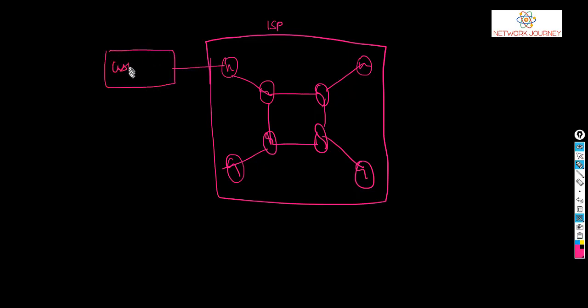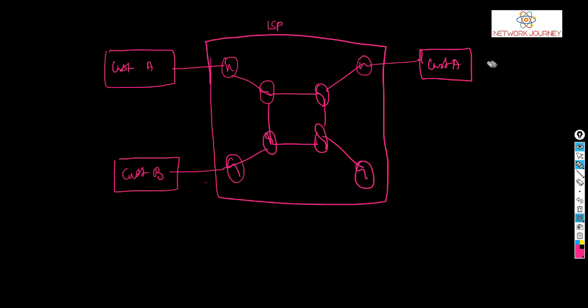Let's say customer A. Similarly, let's say I have customer B, and on the other side, let's say customer A wants to communicate to the customer A branch office, and similarly I have my customer B. So let's say this is the headquarters and this is the branch office.